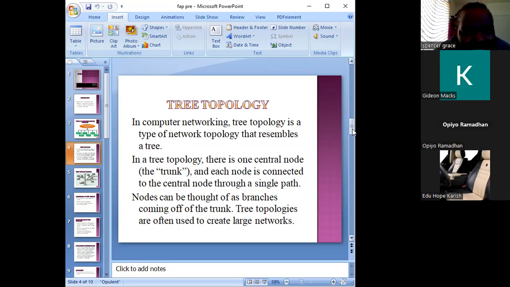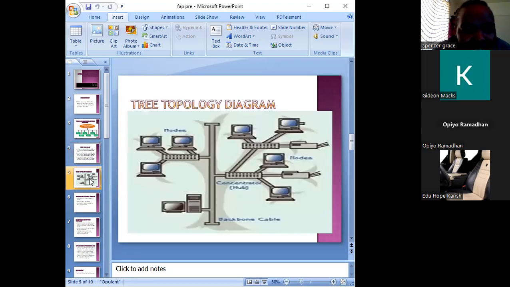An example of a branch network we know. Opio Ramadan, any example of a branch network we know? Let's say we have a network for an organization. It can be an institution, even KTTC. Correct. Now, here I have the diagram of tree topology.